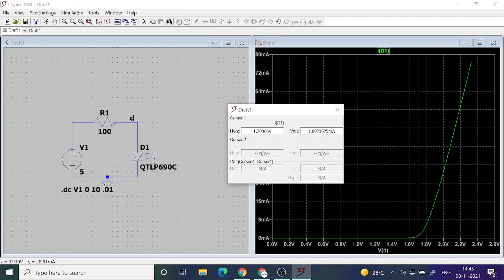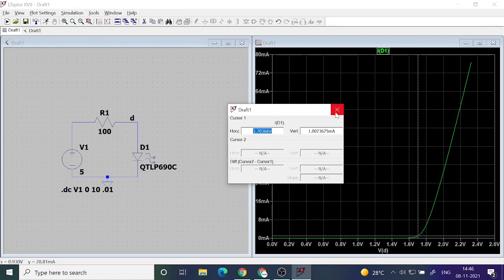You see the voltage is 1.7 volt. Silicon was around 0.7, now it is 1.7, much larger. This cut-in voltage is directly linked to the energy band gap. So if the energy band gap is larger, cut-in voltage is also larger.